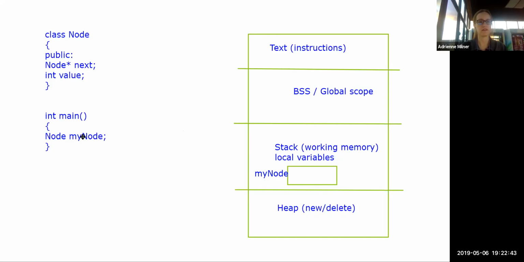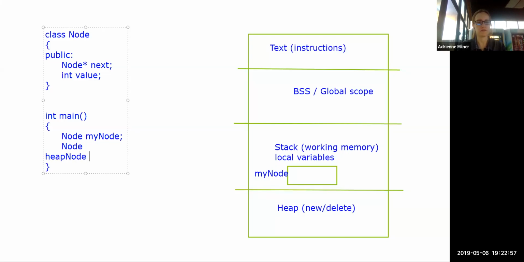If we go ahead and say node pointer, sorry, it's not called pointer node, heapNode equals new Node. Okay. Now we've introduced the new operator.